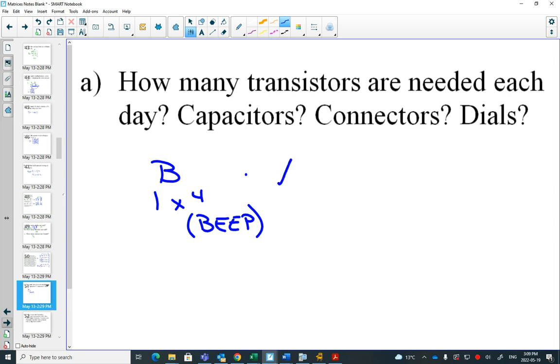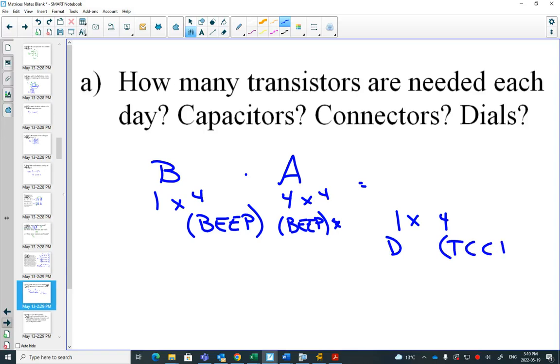And then multiply that by A, because A is a 4x4, but the first 4 was the models. And we will get an answer that's a 1x4, where this is daily of transistors, capacitors.